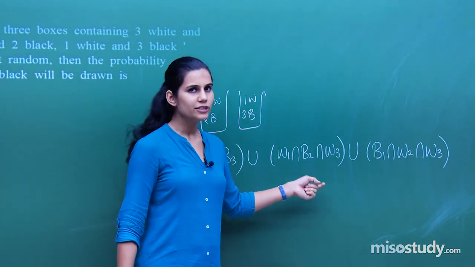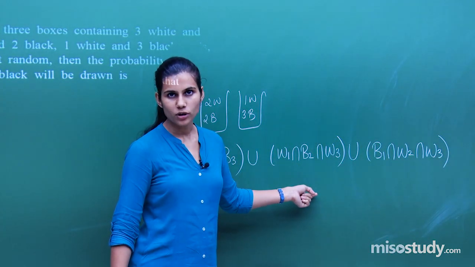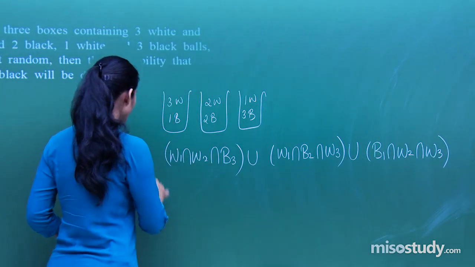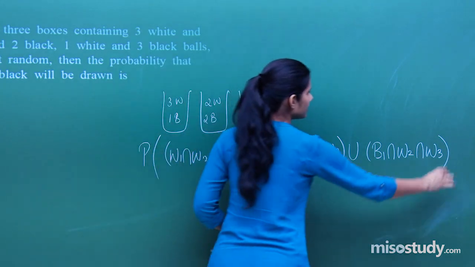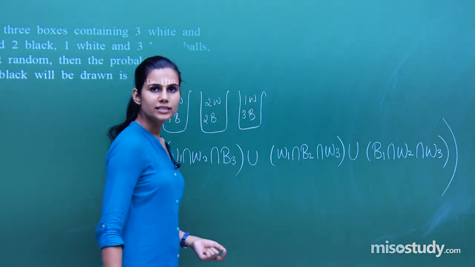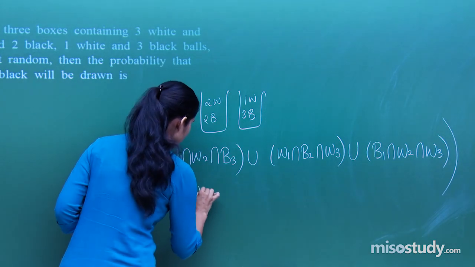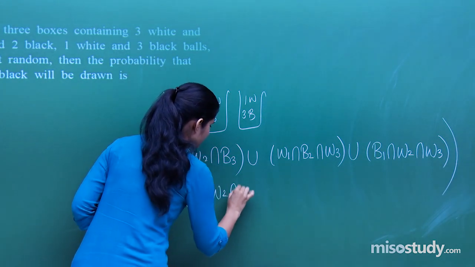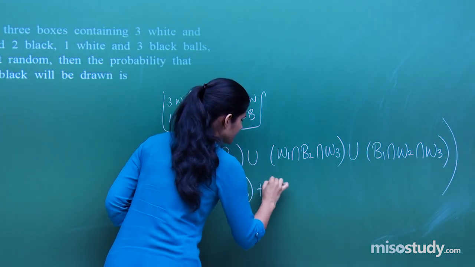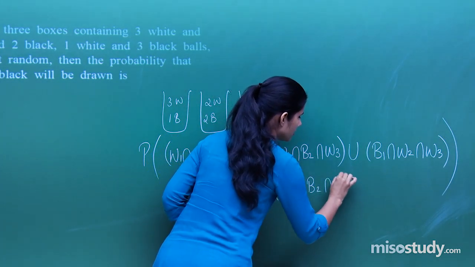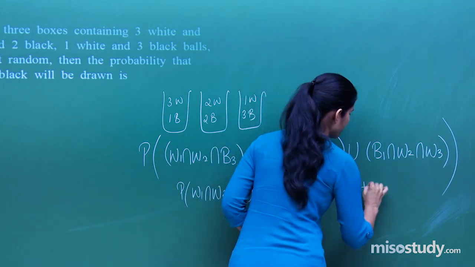This is the actual event of getting 2 white and 1 black balls when you are withdrawing 1 ball from each box. Right? What is the probability of this event? They are all mutually exclusive, and therefore this is probability of this plus probability of this plus probability of this.